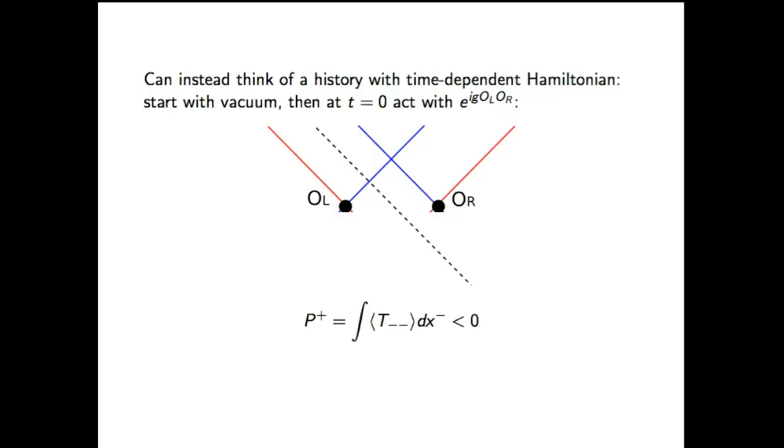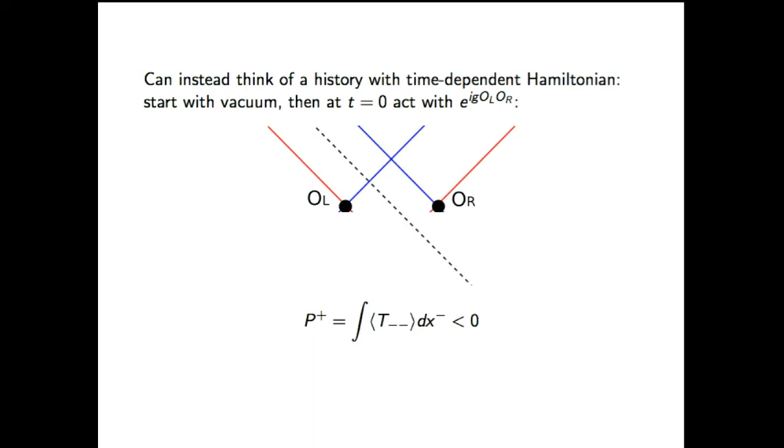And then at time t equals 0, we interrupt the evolution of the system by acting with this operator e to the ig O left times O right. That's like adding a time-dependent term to the Hamiltonian, which turns on at t equals 0. And then after that point, we let it evolve with its own normal Hamiltonian. So after that point, we have the same as in the state psi. And before that point, we have the same as in the vacuum.